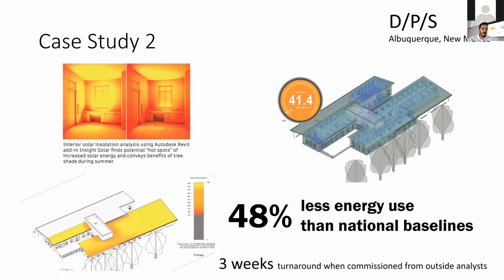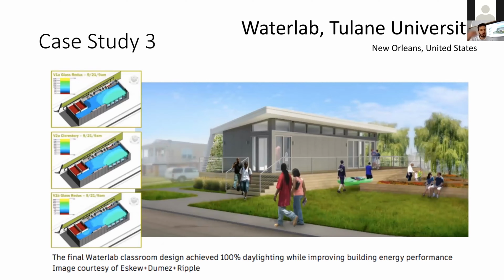They also ran a solar radiation analysis inside the spaces to lower the solar radiation by changing the glass materials, for example, or adding more shading. So this was another case study.